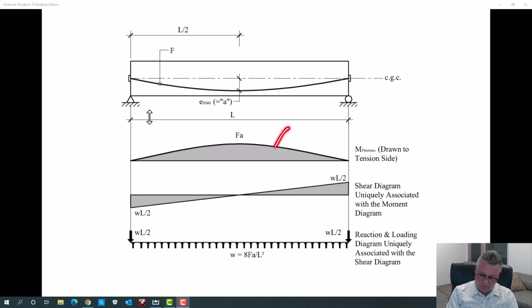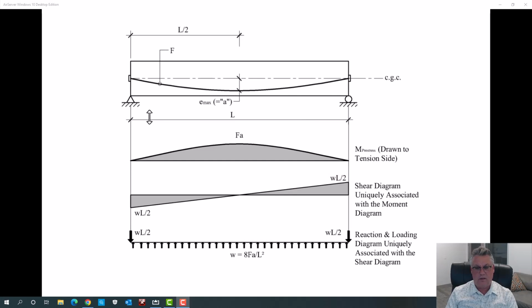So we're starting with a second order something x squared, coming back to a linear shear diagram, and a constant loading diagram. The important thing here is if we have a parabolic moment diagram, that had to have been created by a uniform load. There is no other load.